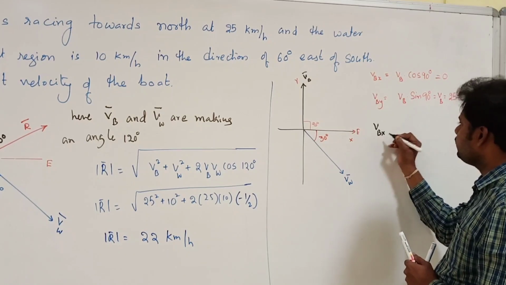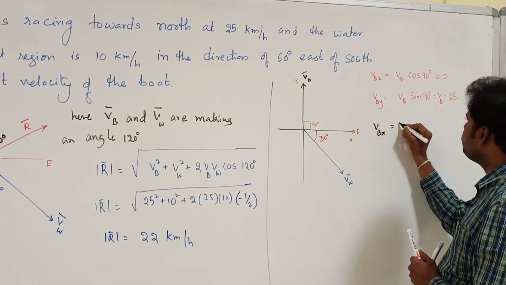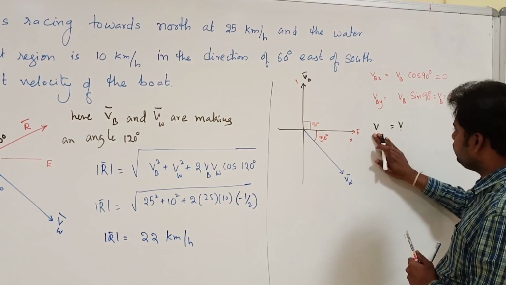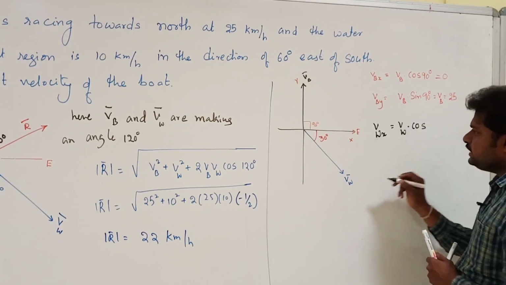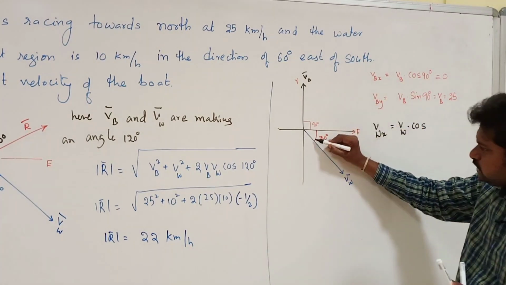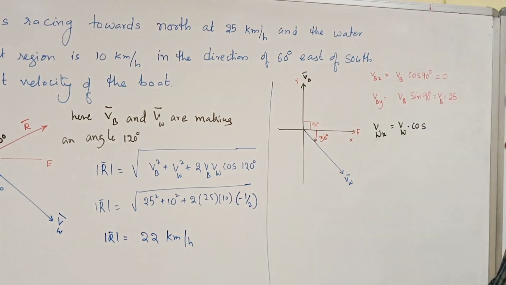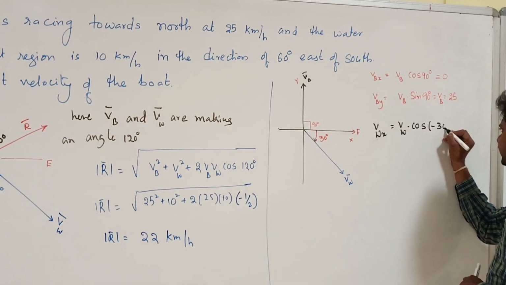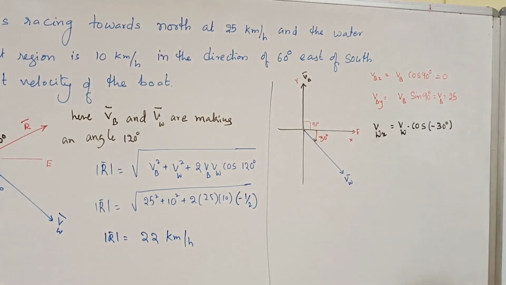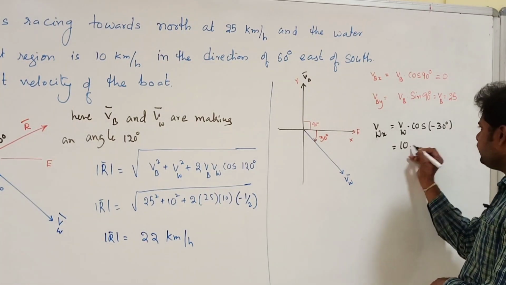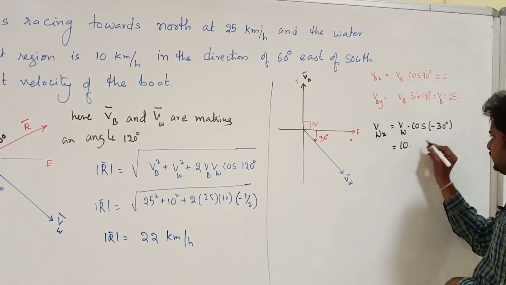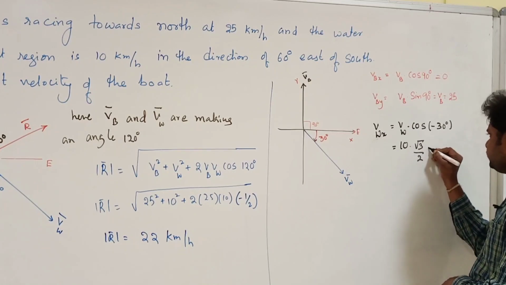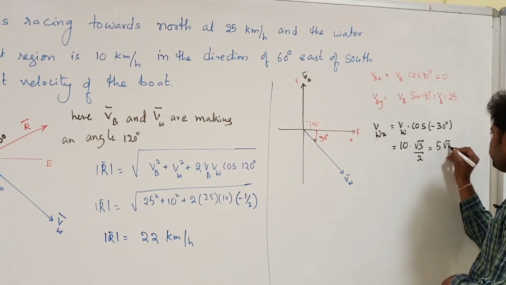Now, VWX, the x component, is equal to VW into cos. Here you are going in the clockwise direction. The clockwise direction from the reference axis x is taken as negative, so you apply minus 30 degrees. This is 10, and cos of minus theta is plus cos theta, and cos 30 is root 3 by 2, which is simply 5 root 3.